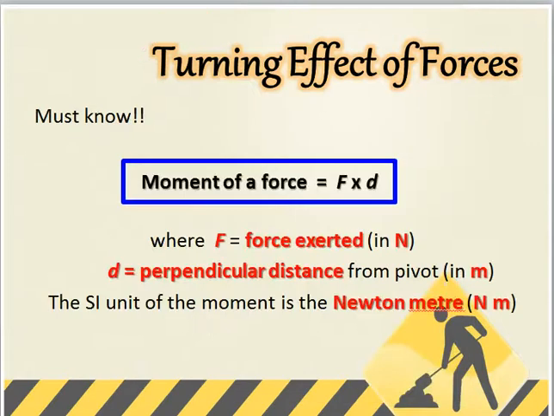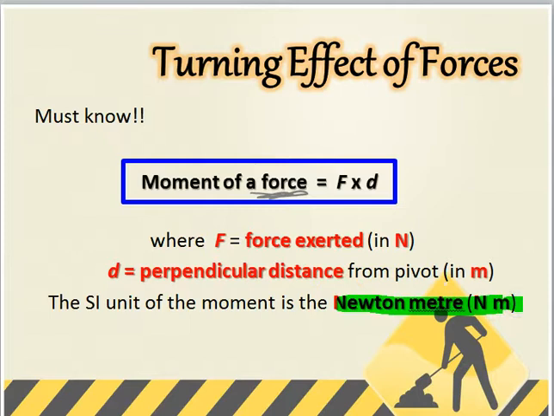Okay, now obviously this is the one thing you must know. We come to the point of physics where you'll see formulas. Formulas help us to determine the exact amount of the quantity. So for the moment of a force, it's actually the force exerted multiplied by the perpendicular distance from the pivot. The SI unit, this is important here, is the Newton meter.